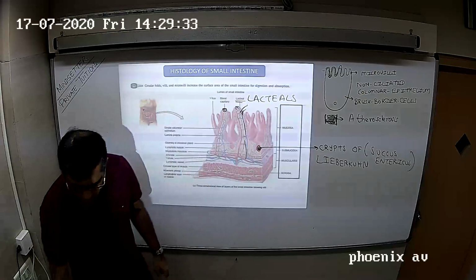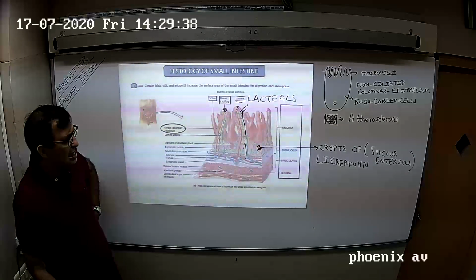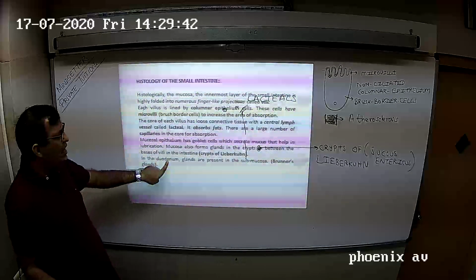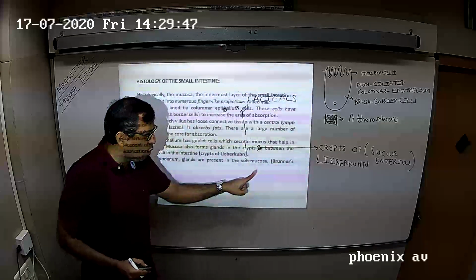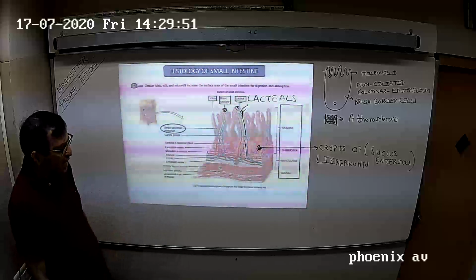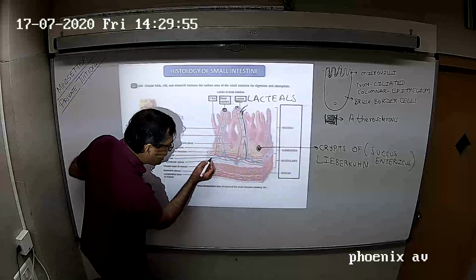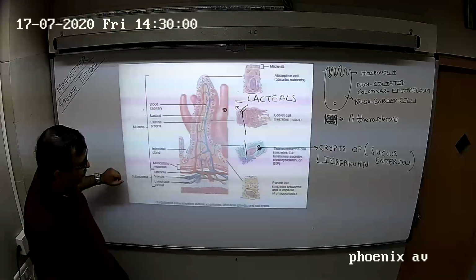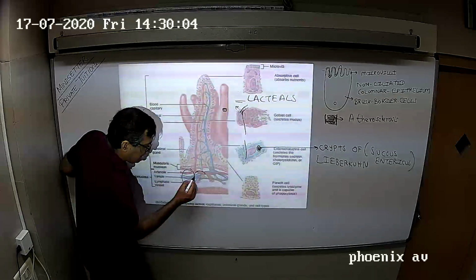And we go into a very nice logic here. In the intestine are found a nice logic. In the duodenum are found special glands in the submucosa called Brunner's gland. तो intestine के अंदर ये है submucosa. ये है intestine का submucosa.